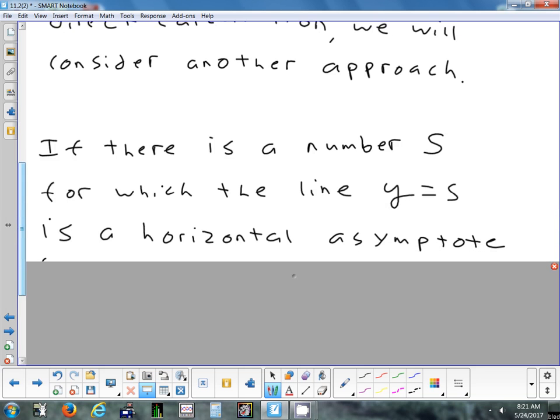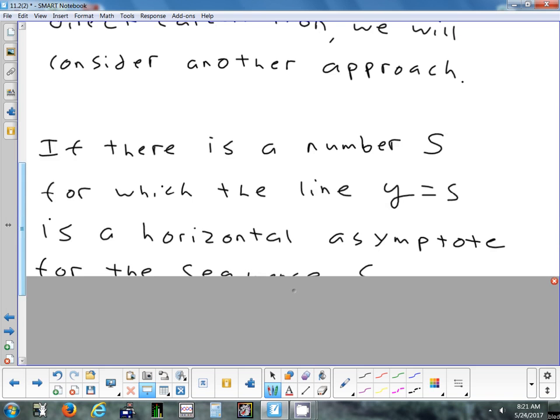The idea is that if you have a number, call it S, and you graph the horizontal line y equals S. So if S was 3, you graph a horizontal line at 3.